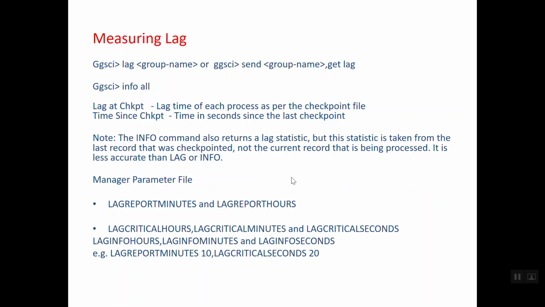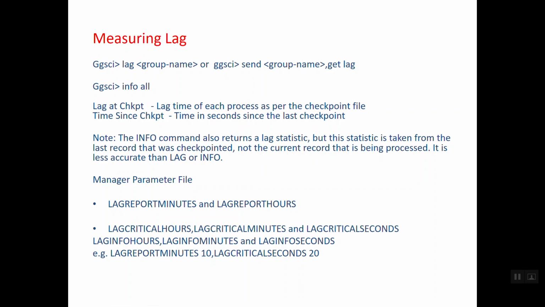Time since checkpoint is the time that has elapsed since the process last wrote to the checkpoint file. This will increase in some scenarios where there is a long running transaction.